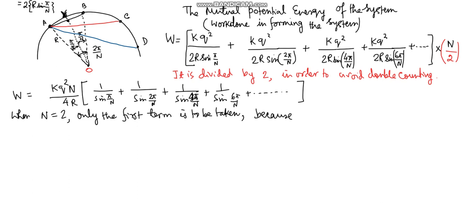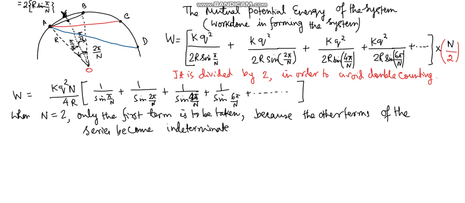Because the other terms of the series become indeterminate. You check, you put n is equal to 2 in the second term, 2 pi by 2, it will be sine pi in the denominator, so it will become indeterminate. So it will be 1 by 0 form. Therefore we will be only putting n is equal to 2 up to the first term of the series shown in the bracket.